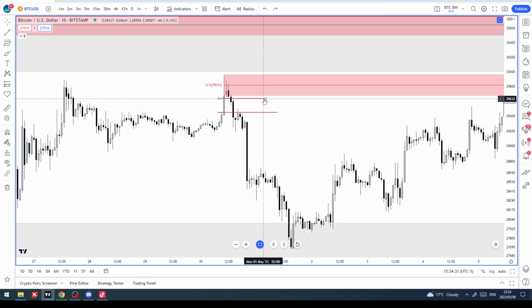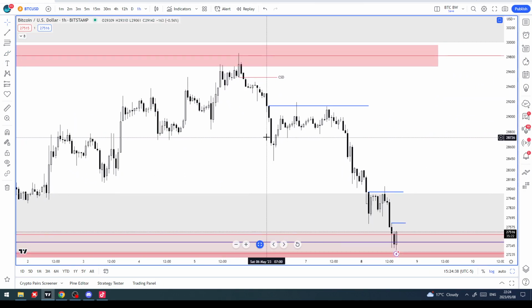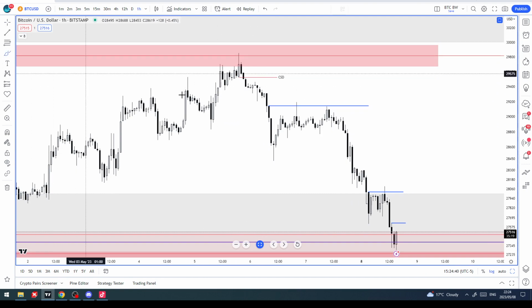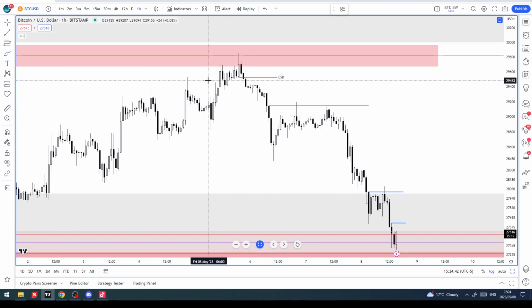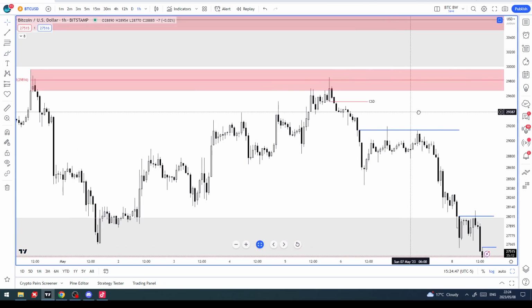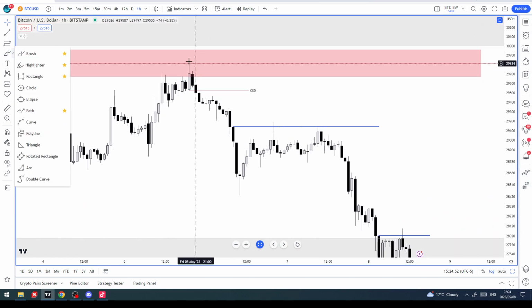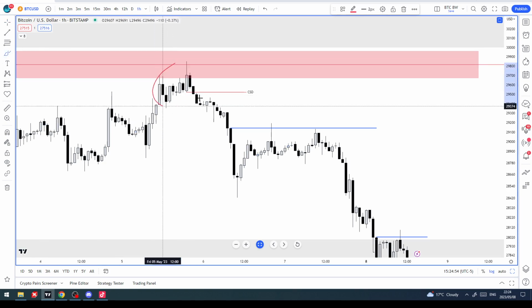That's why, when I'm marking off market structure shift in the absence of a fair value gap, let's take a look here, there are no fair value gaps to give me market structure shift. So we take the highest closing up candle before this run up for the liquidity run.